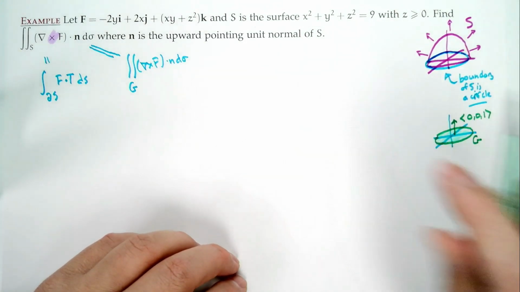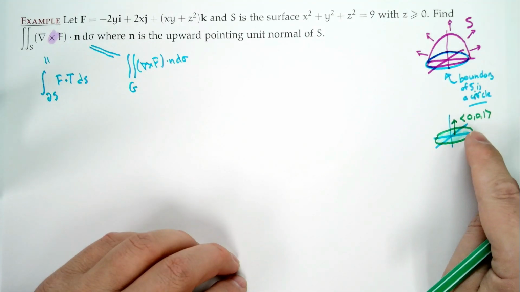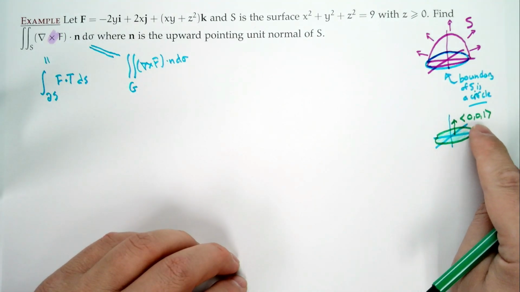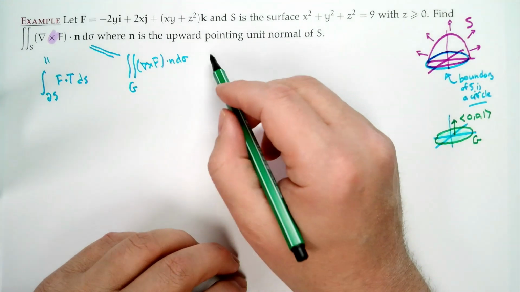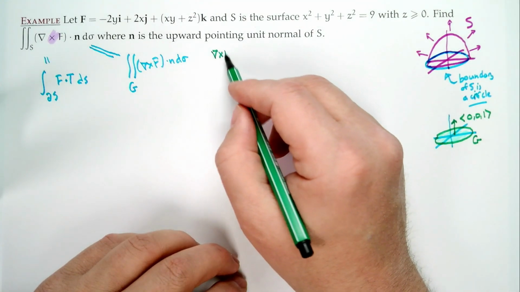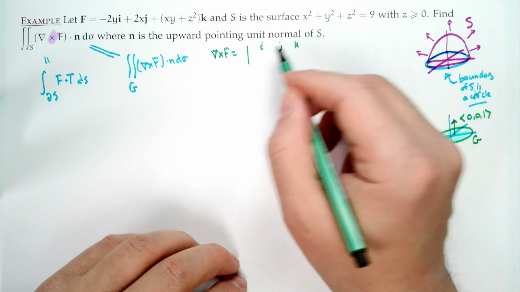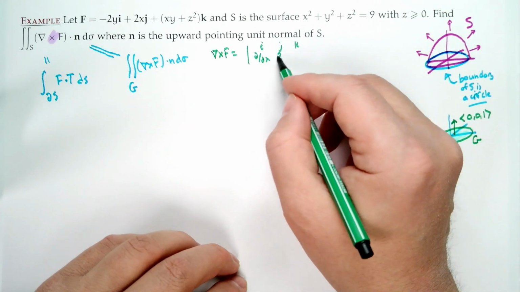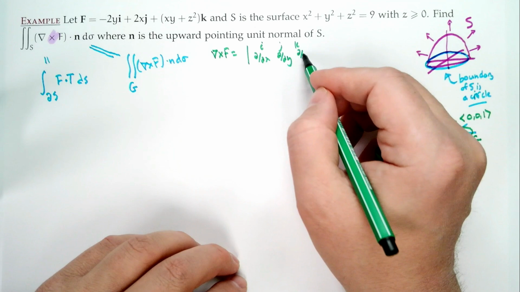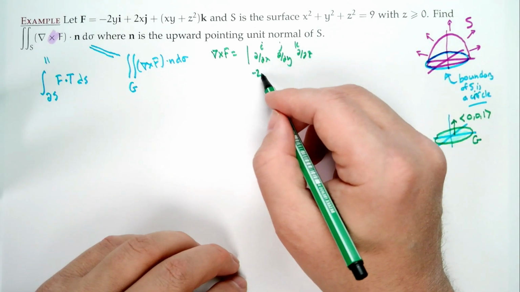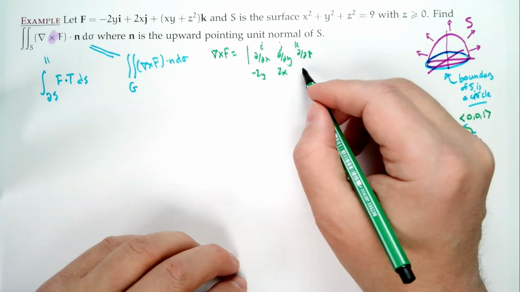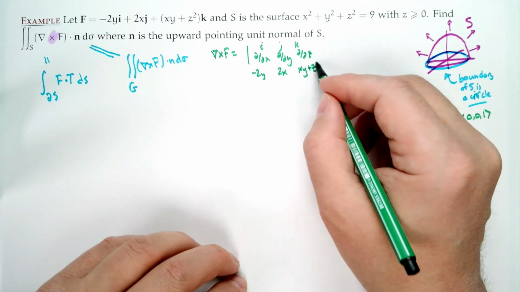So let's do that. And notice, what do we need? Well, we just need to know the last entry. So del cross F, that's our i, j, k, partial x, partial y, partial z, minus 2y, plus 2x, xy plus z squared.